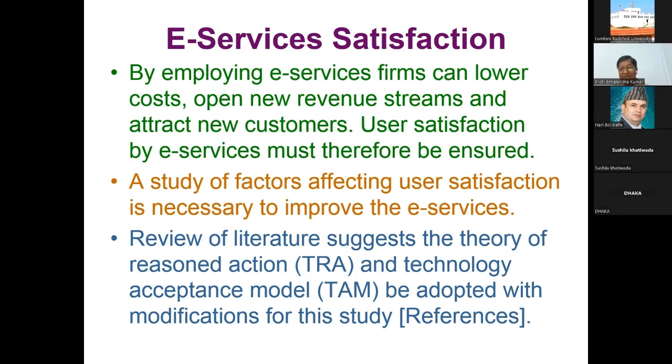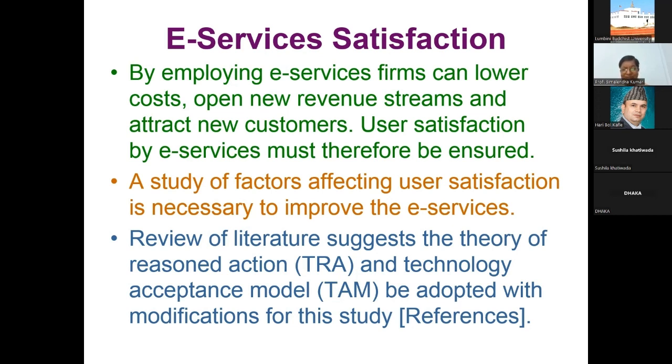Through e-services we can also satisfy ourselves for our research. By employing e-services, firms can lower cost, open new revenue streams, and attract new customers. So user satisfaction with e-services must therefore be ensured.